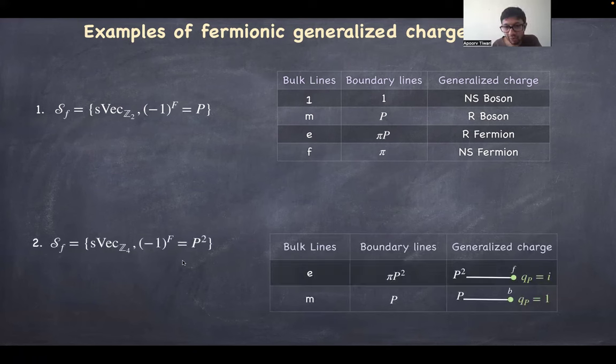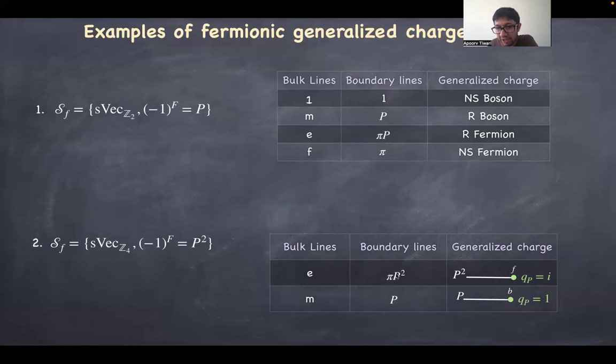Similarly, for Z4, we saw that the E and M lines in the SymTFT end on pi p squared and p. So first, let's look at p. P is just the operator that generates the Z4 symmetry on the boundary. So one gets a p twisted sector boson, and this is uncharged under p because M has a trivial linking with itself. Meanwhile, the E line ends on, is in the pi p squared twisted sector.